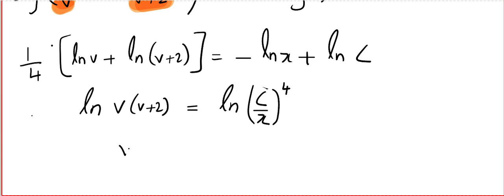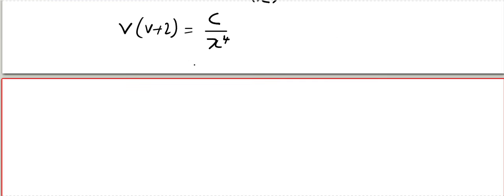Okay, so you're going to get v into v plus 2 is equal to c to the power 4 by x to the power 4. By the way, c to the power 4 is some other constant, so I'm just putting it as c. That's it. So we get x power 4. What is v, do you remember? Yeah, y by x.